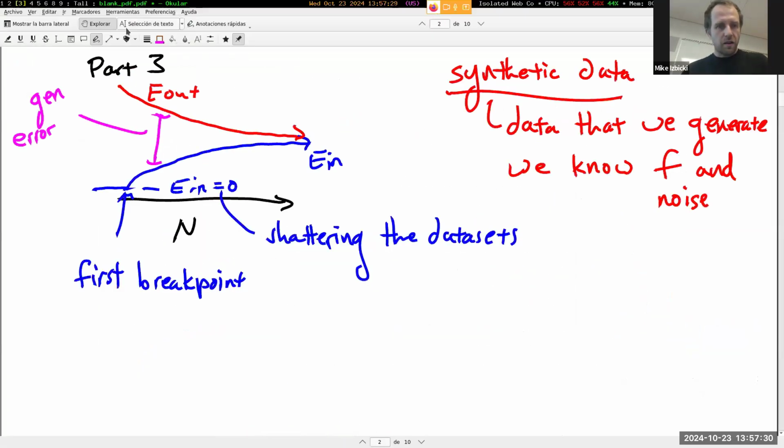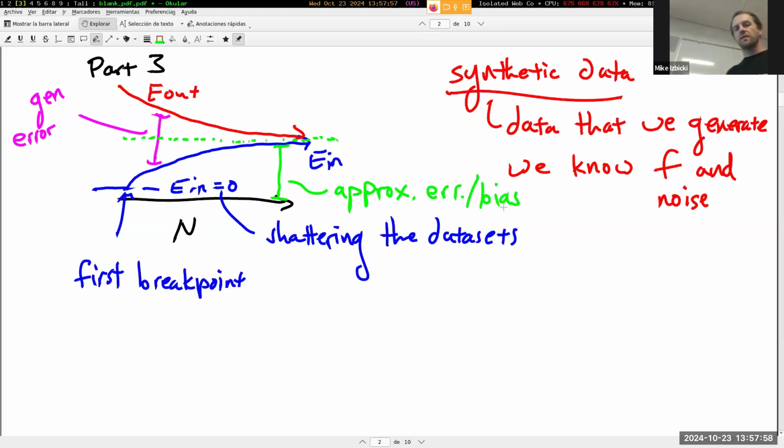The last thing that this sort of plot talks about is this difference right here, what E_in converges to as we get infinite data. This distance right here is called the approximation error. I mentioned this term just once when I drew this picture before, but approximation error is sometimes called the bias.